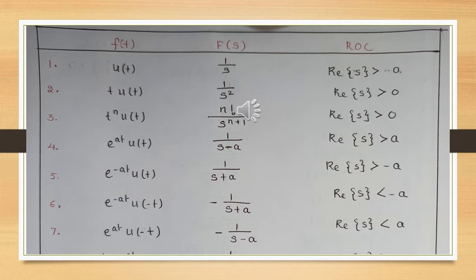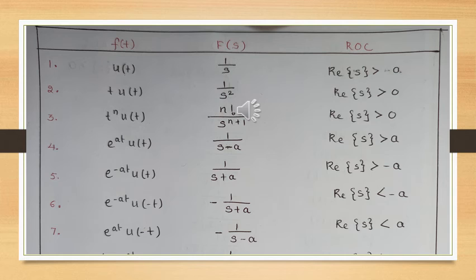So that is the reason we need to attach one negative sign to this expression. So we are getting our Laplace transform as minus 1 divided by s plus a. Now the pole for this signal is equal to minus a. Since u of minus t is a left-sided signal, we have real of s less than minus a.